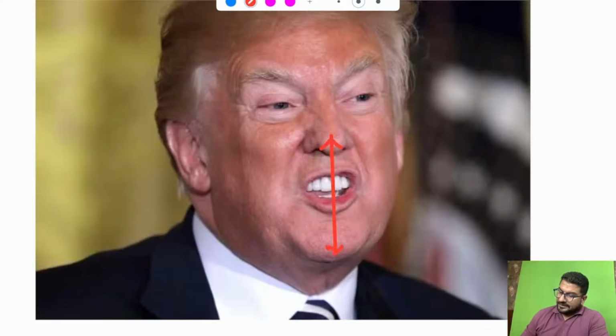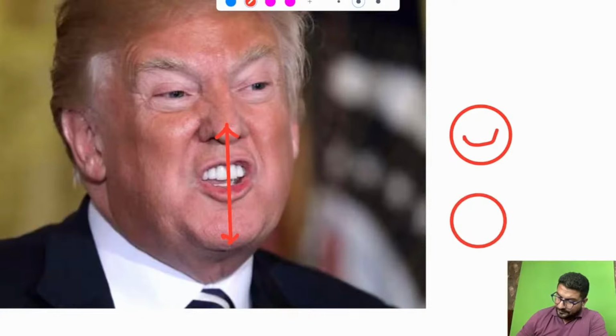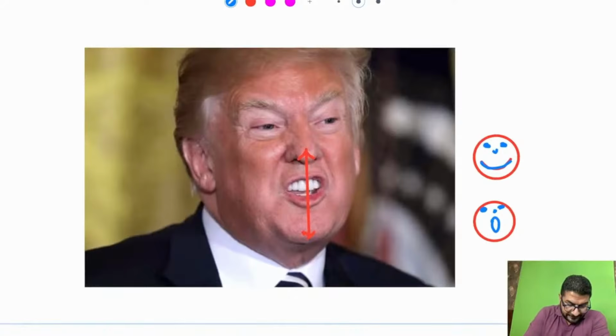So normally लोगों की smile कैसी होती? If you see normal people, they will have a horizontal opening of mouth. But if you see a vertical opening of mouth, this is something different. This vertical opening of mouth is called snarling face.